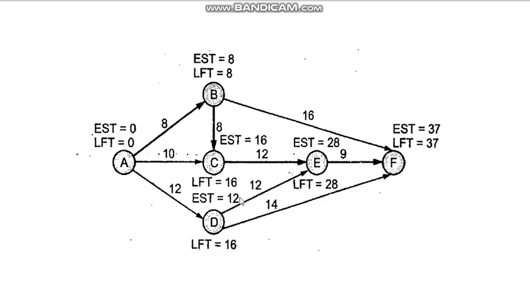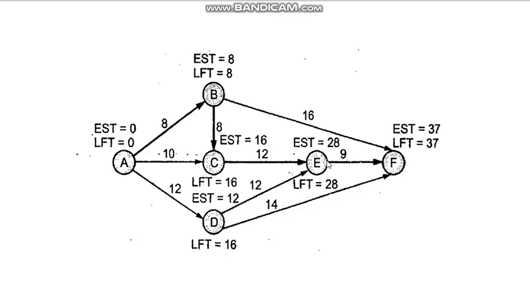Now 12 plus 12, this gives you 24. So through this route we are getting 24 EST for E. Whereas through this route, here the earliest start time for C is 16 and this duration is 12. 16 plus 12 is 28. Now which will you take? Will you take 24 or 28? Whichever is the maximum value you have to take. So you will take 28.